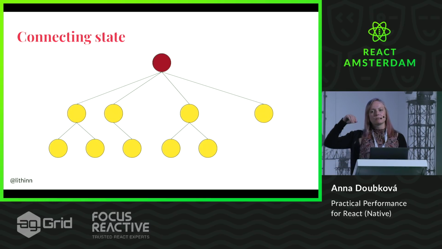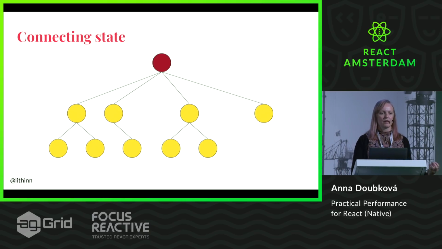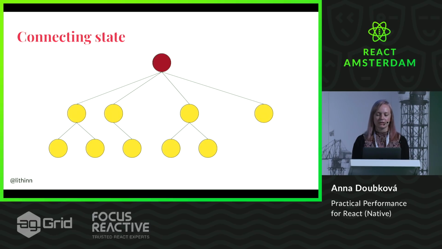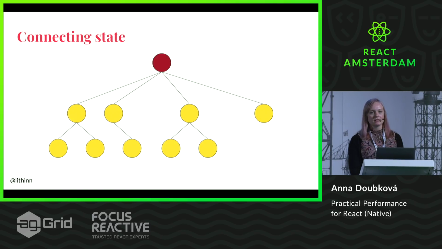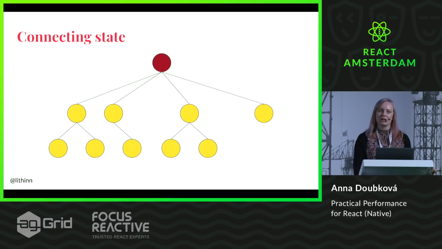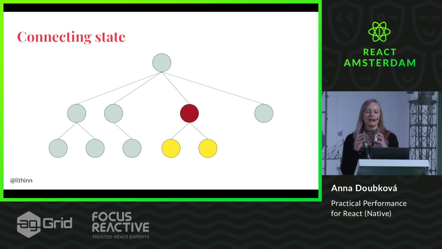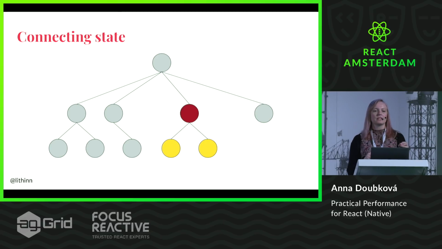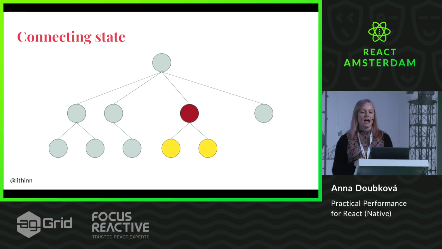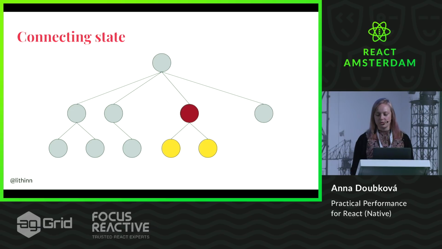And if you have to pass the props down, you have to re-render every single level of it so that you then get the result at the very low-level component. And we realized this is actually by far the worst thing. If we are connecting things much more locally, we are updating only the part of the app that we actually have to update, and we get a lot of performance boost out of that.